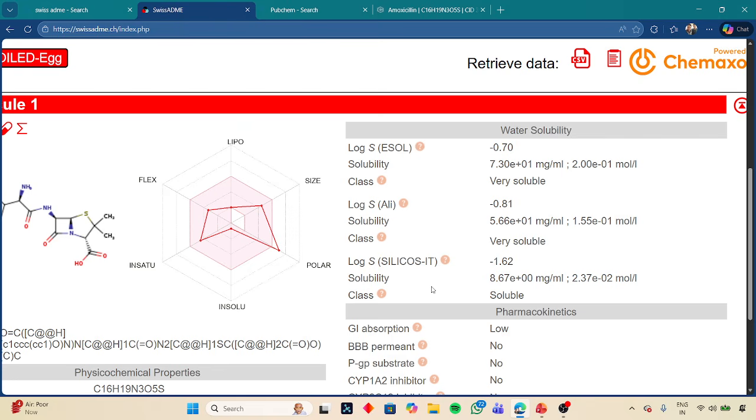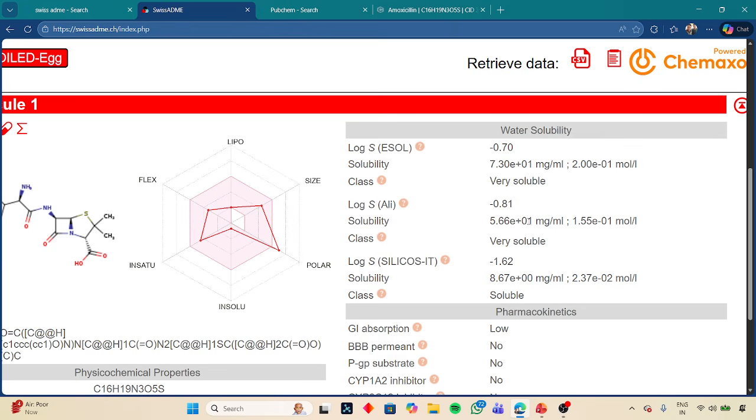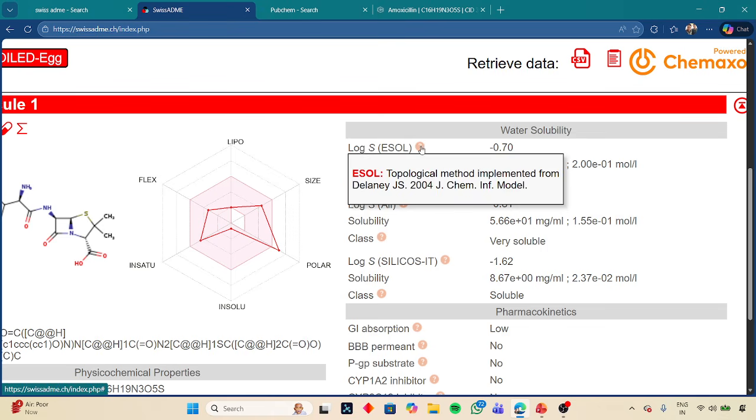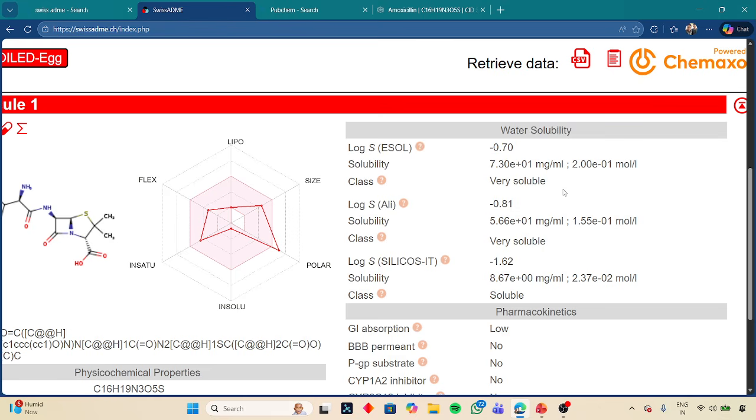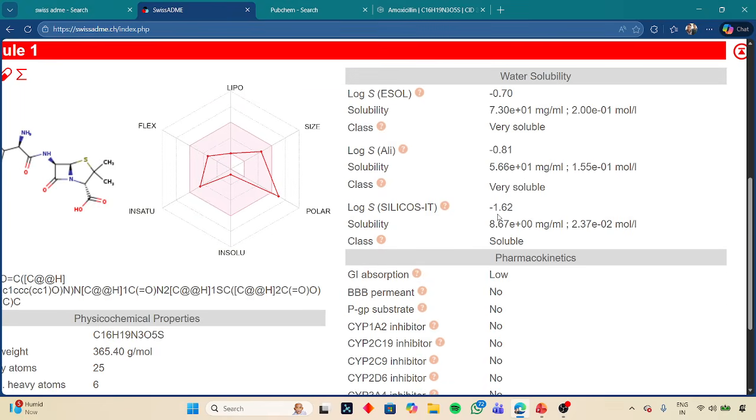Here we have a log S value of minus 0.81. This parameter of log S comes from various journals and research, published in the Journal of Chemical Information and Modeling. According to that, the water solubility has been taken, so the log S is taken from the same journal: minus 0.81.